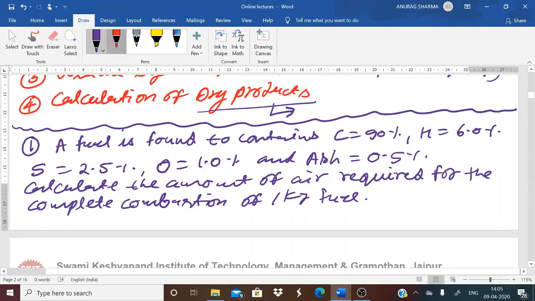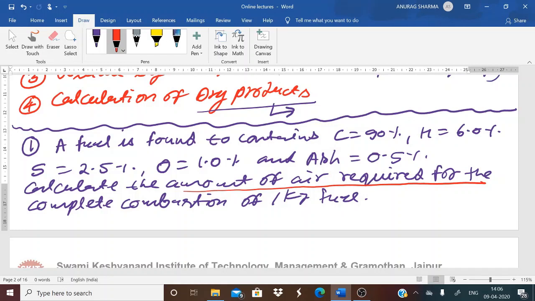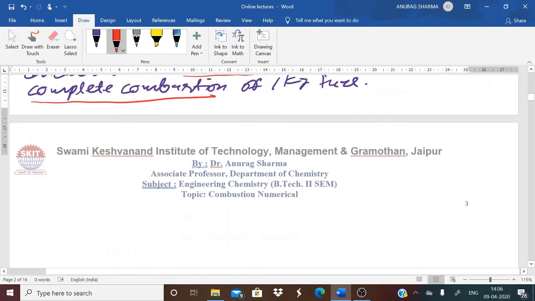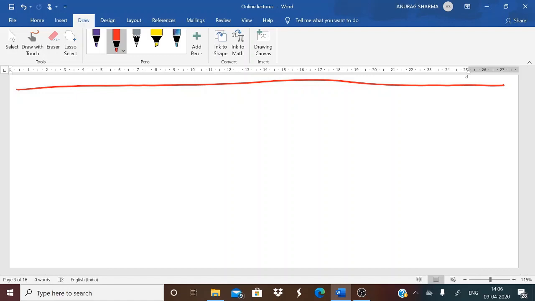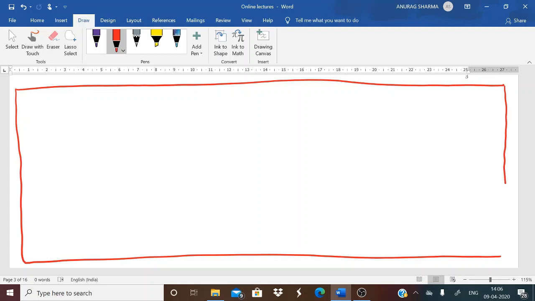So in this numerical we are calculating the amount of air required for complete combustion, and these are the compositions. So first we will draw a table. By this table we will solve this numerical. This is the very important table.